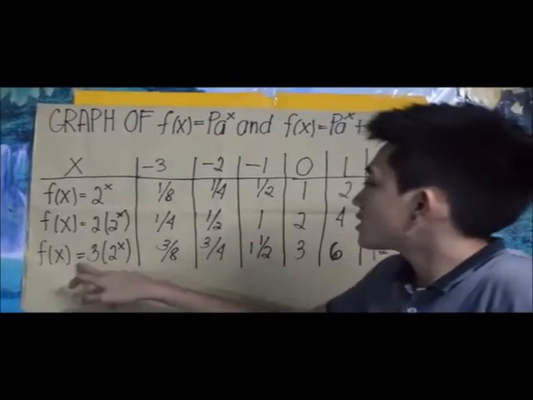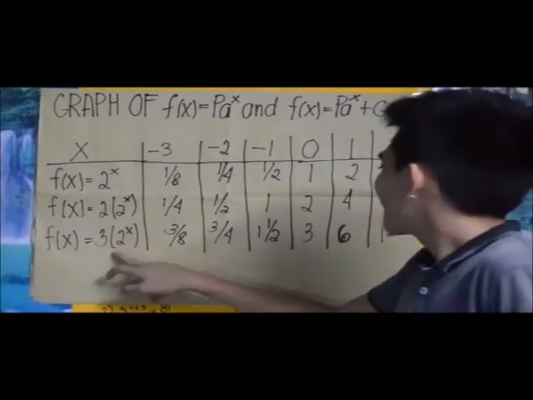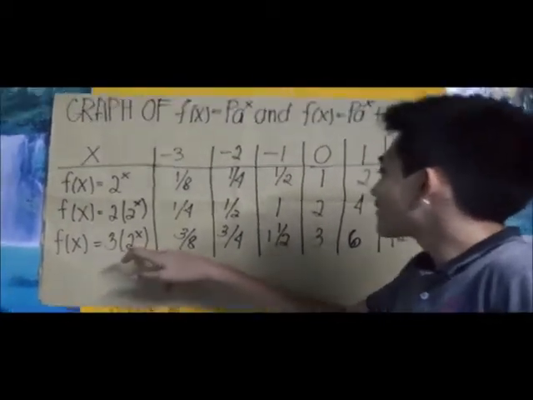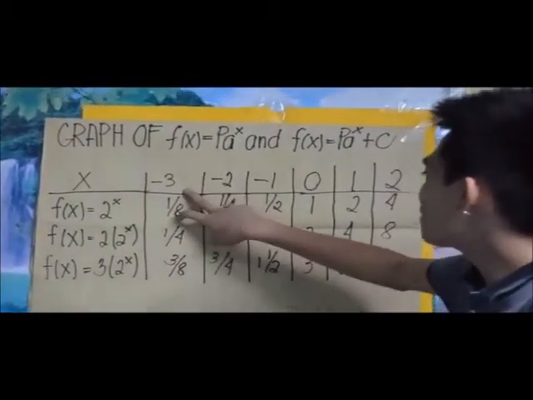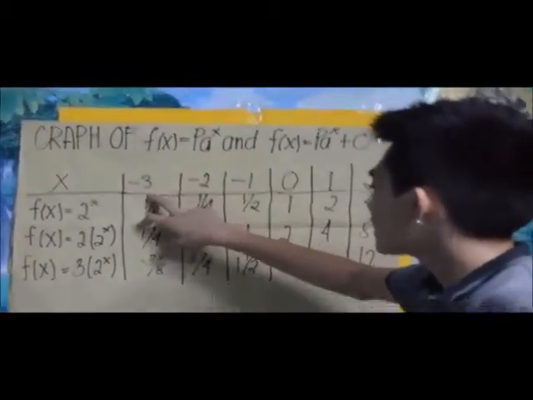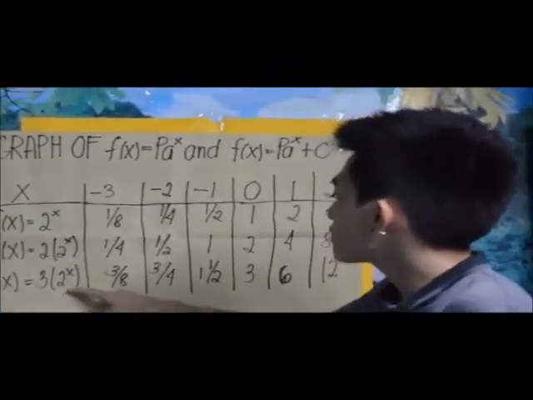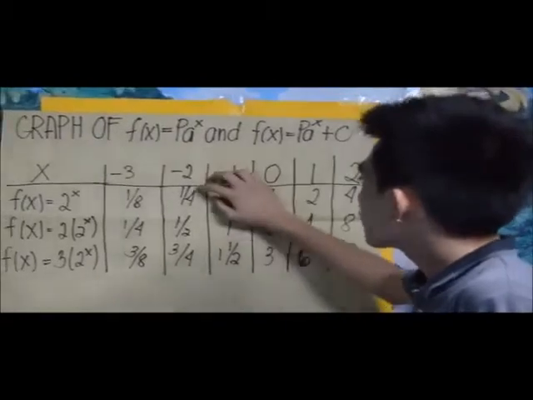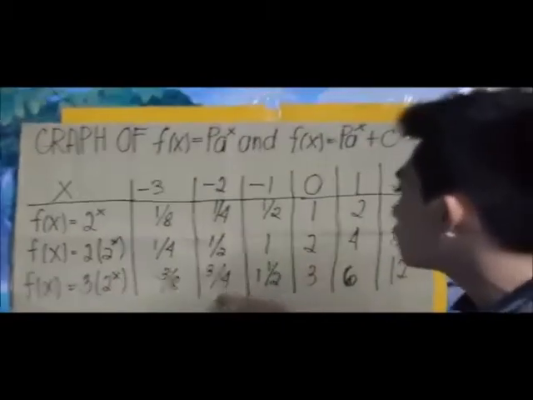F of x equals 3 times 2 raised to x. For x equals negative 3 it is 3 over 8. For x equals negative 2 it is 3 over 4.